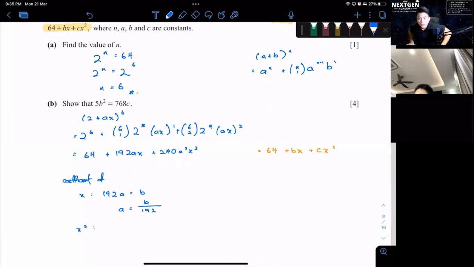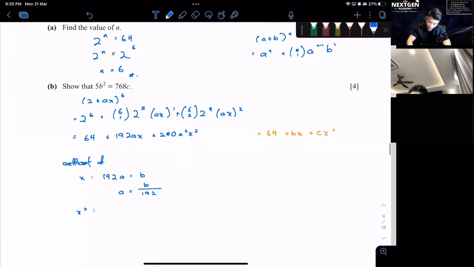Okay, so if we compare the x squared, 240a squared equals to c. Why do I make a the subject? Because they don't want a inside the proving one, so we want to substitute a away.